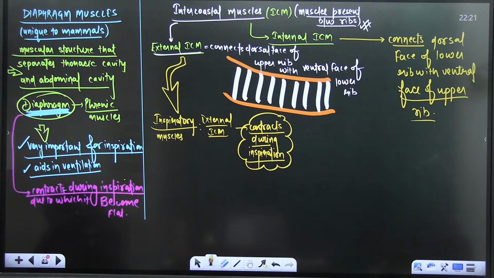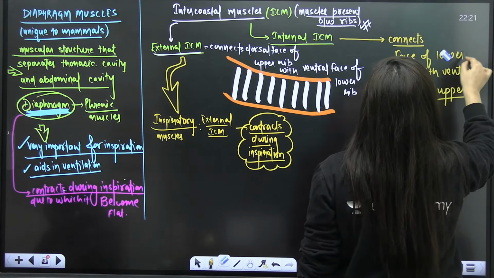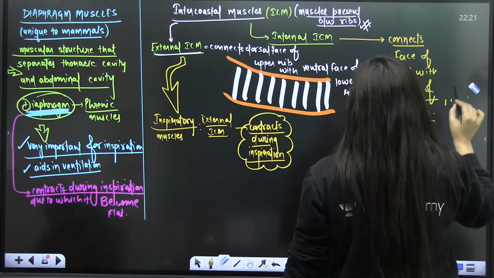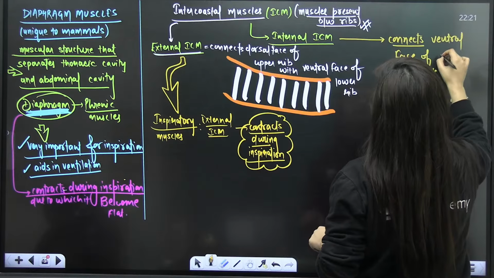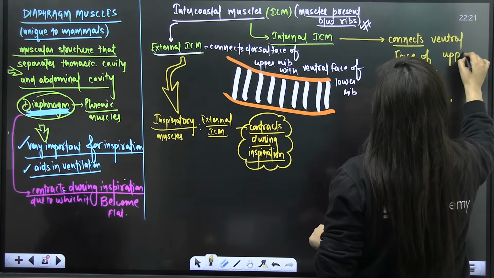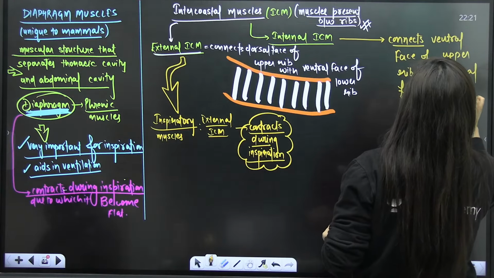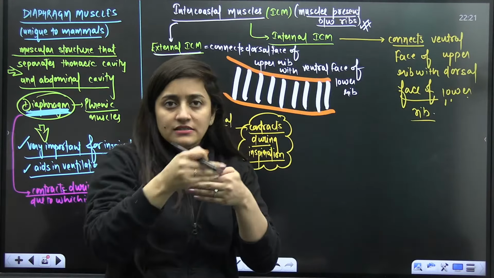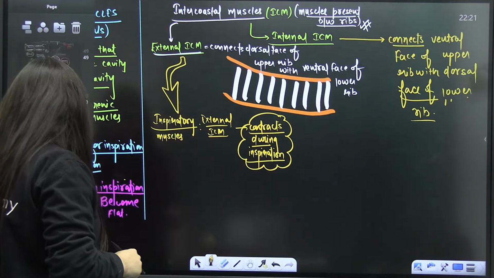And the internal intercostal muscle connects the ventral surface of the upper rib with the dorsal face of the lower rib. So that is how they are arranged. One is external, another is internal.